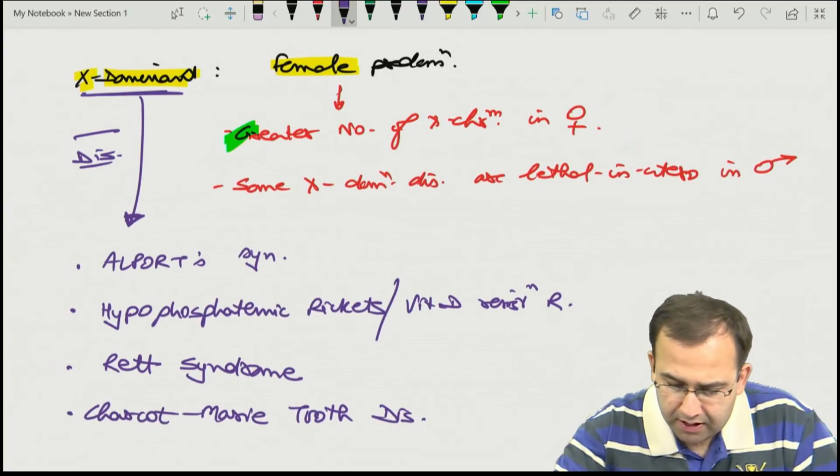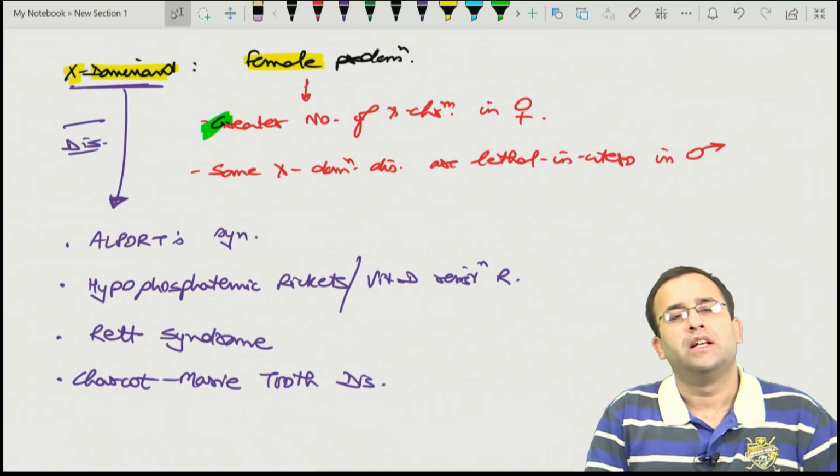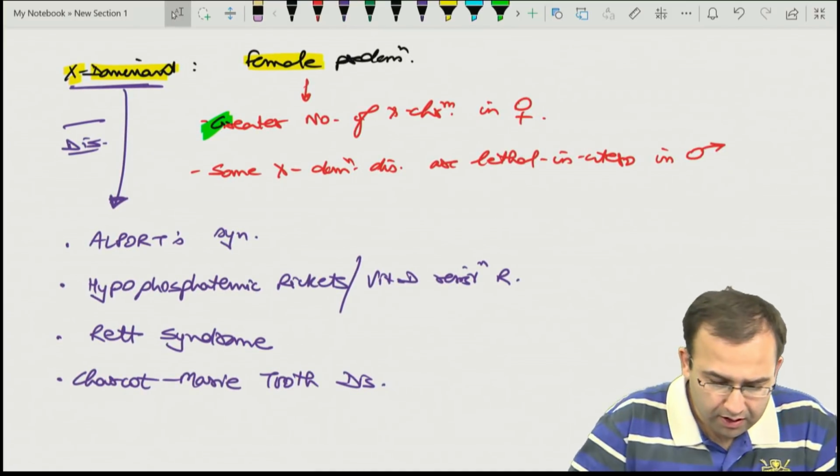These are the diseases associated with an X-linked dominant inheritance.